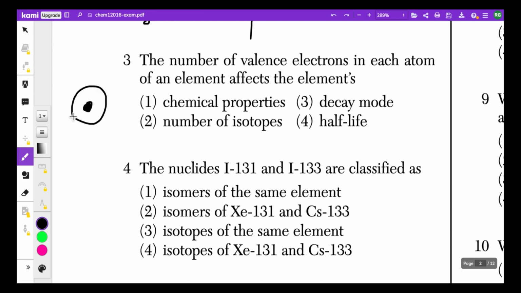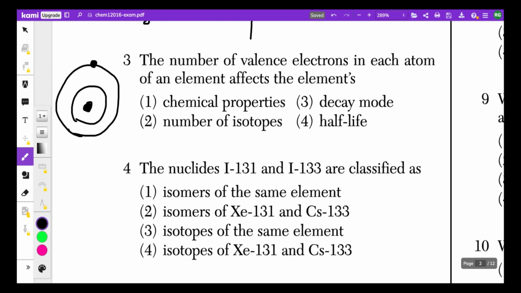Electrons orbit this nucleus in different energy levels or shells. The outermost electron, the electron furthest away from the nucleus, is called the valence electron.